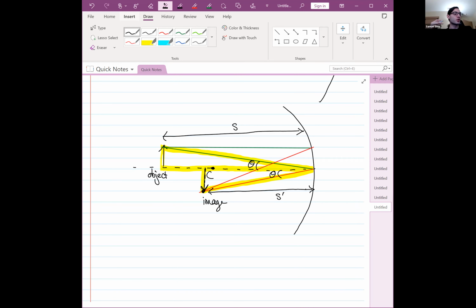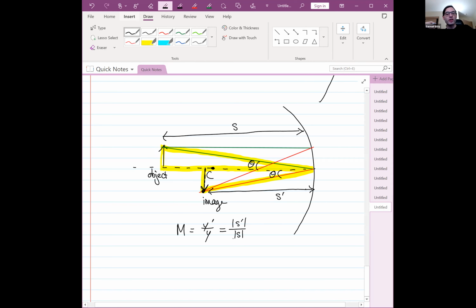And because they're similar triangles, we can relate the ratio of their heights to the ratio of their lengths. So from similar triangles, we get that the magnification, which is y prime divided by y, I need to fix something in my notes. There should be no apostrophe there. This should be equal to the magnitude of s prime divided by s.